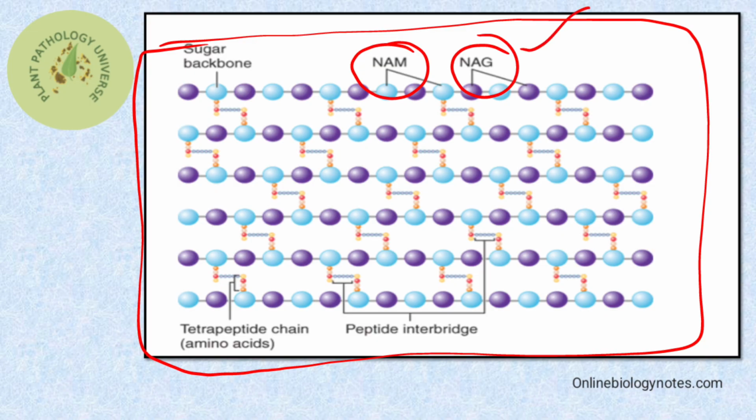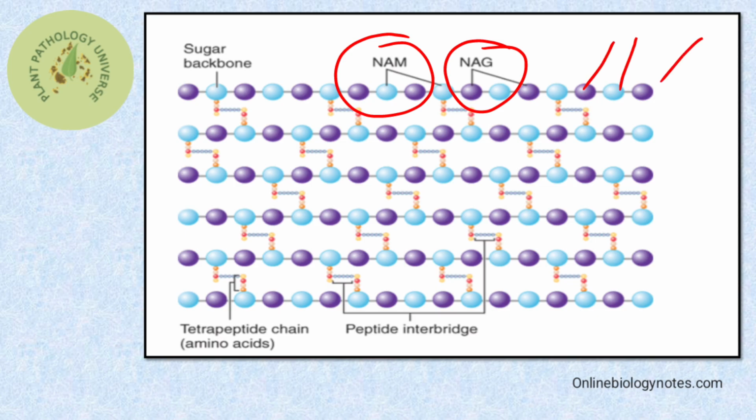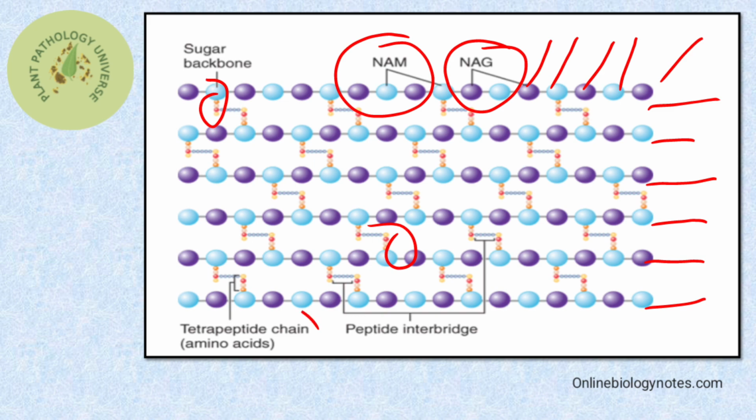Now these two units, here we have the two units, N-acetylmuramic acid and N-acetyl glucosamine, which are your two sugar backbones, right? So these are the two alternating units of NAM and NAG. So we have long chains of these NAM NAG, and these long chains will have tetrapeptide chains, and two tetrapeptide chains are bound to each other by a peptide bridge.